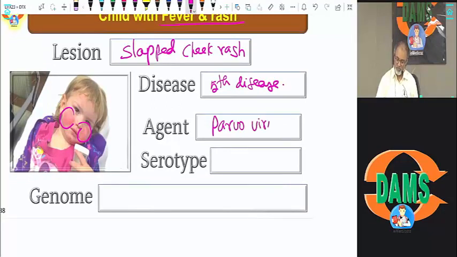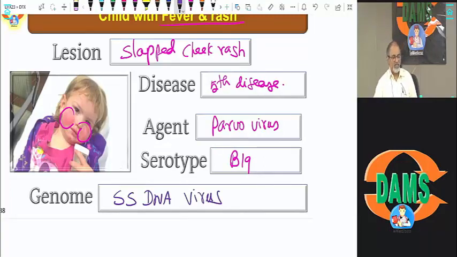What is the serotype? B19. Simple. Repeat. What is the genome of the virus? Is it DNA virus or RNA virus? It's a DNA virus. Single strand, double strand? It is the single stranded DNA virus. One and only medically important single stranded DNA virus is parvovirus.